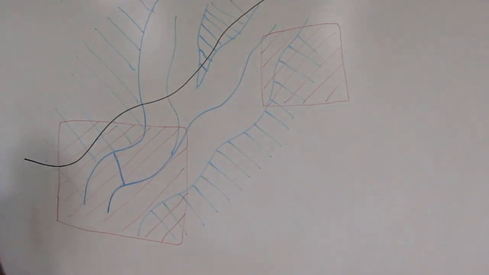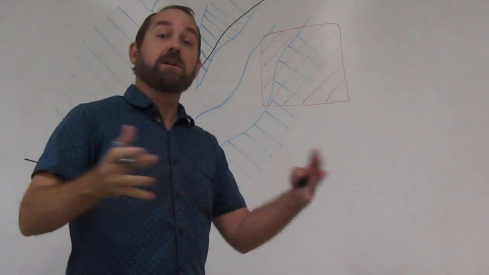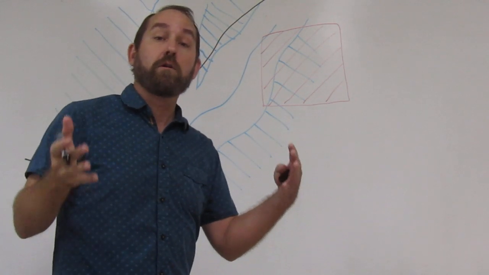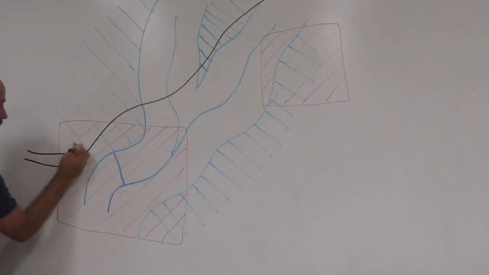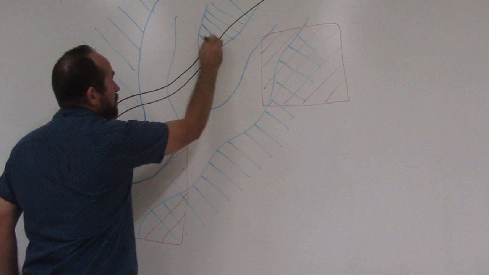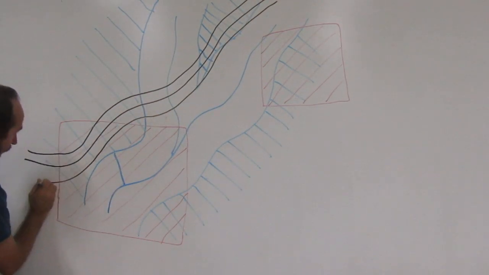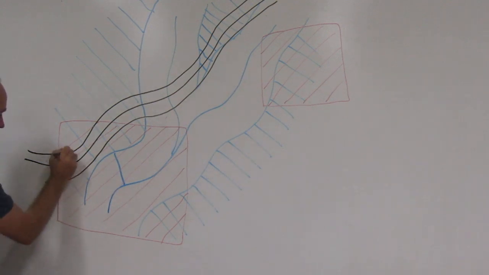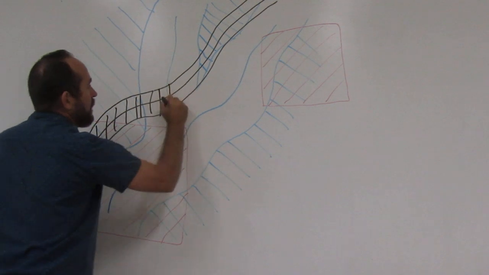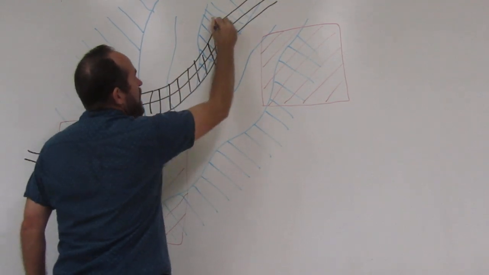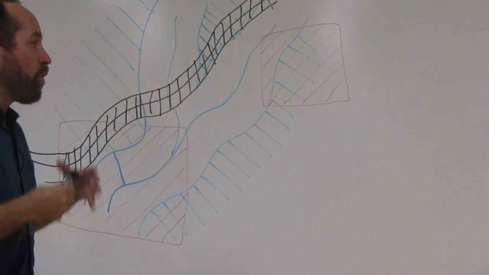So there's the main water line, and we need to have it really close to that main water line. So we're going to set up an even closer buffer, a buffer of 100 meters, right? So that's going to be a lot closer to that water line, and I'll draw that buffer like this. And now I'm just going to draw this kind of in a hatching in this direction.